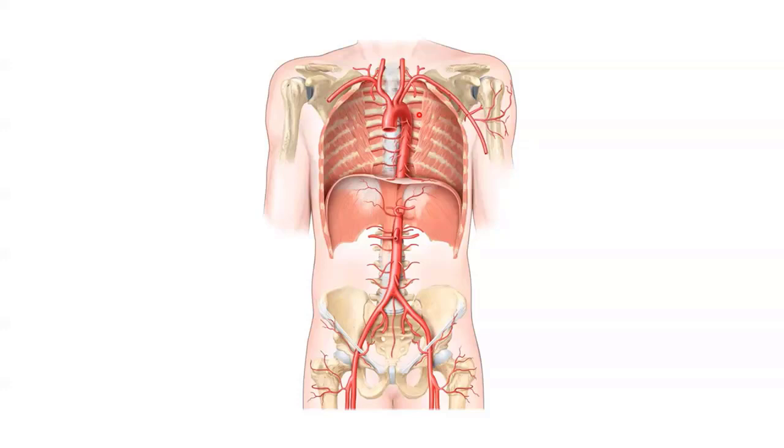The aorta is the largest artery in the body, and it's broken up into 3 different regions. So we have the ascending aorta, which is the section that exits the heart, if we imagine our heart would sit here, and it ascends, or it moves in superiorly. So it's just this little section here that is going upwards.